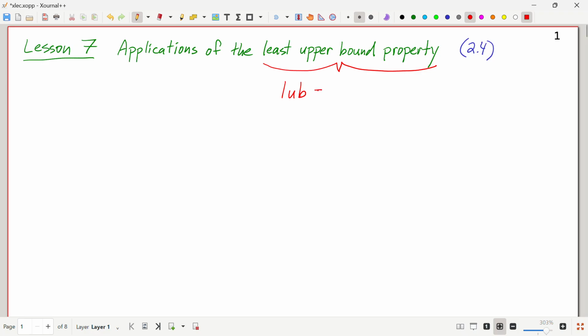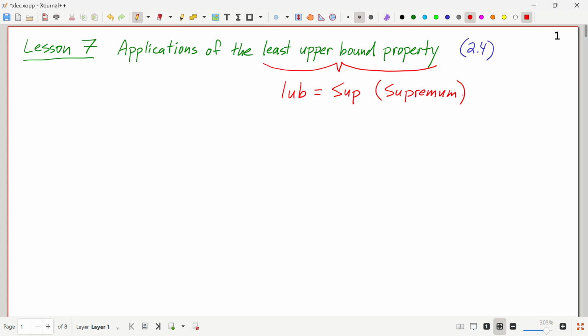But an equivalent word is supremum. Sup. And that sup stands for supremum. But the least upper bound is sort of the most descriptive word for sup.